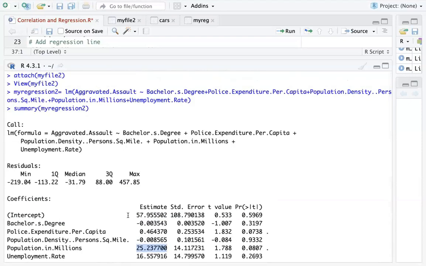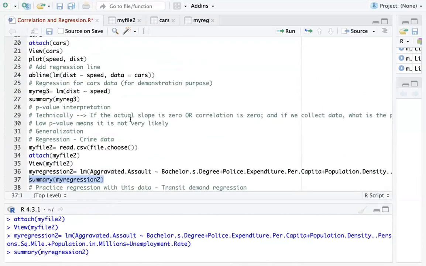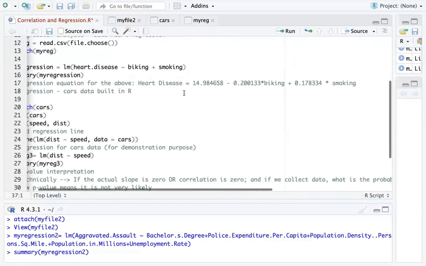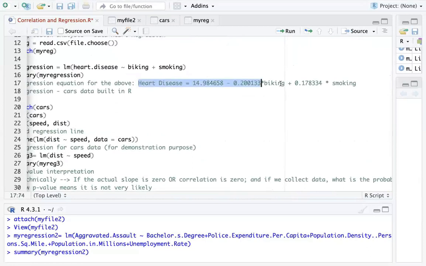Now, the last step here is to make a regression equation. This is how we make a regression equation. Here I have made a regression equation for the other one, for heart data. In that case, heart disease, which was the dependent variable, is equal to the intercept, and then slope multiplied by biking, which means if someone bikes 10 miles, you will substitute biking by 10.